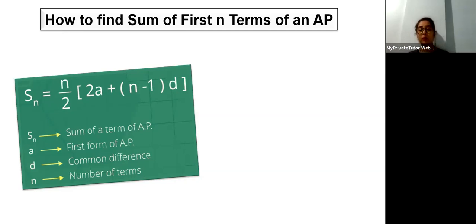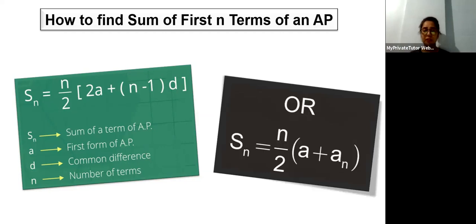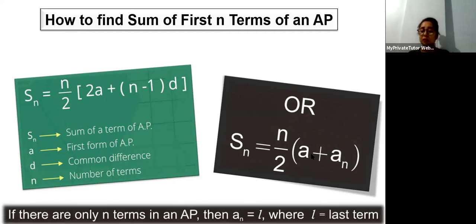Okay, we have one more formula for this. The formula over here is Sn is equal to n by 2 (a plus an). Now you'll be thinking, why two formulas for a single topic? Why can't we solve it by a single formula? The thing is, if there are only n terms in an AP, then an is equal to the last term.